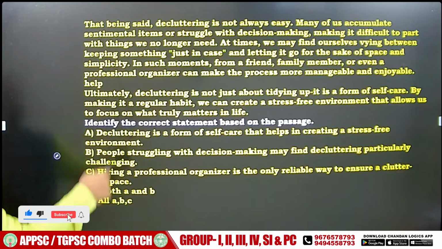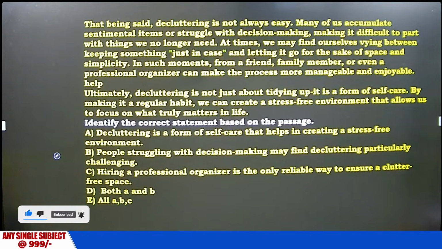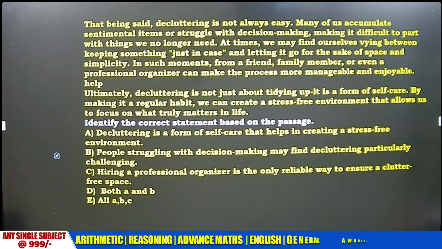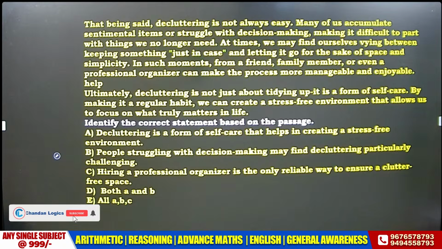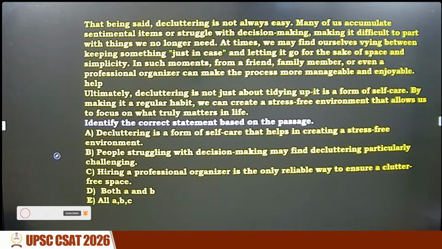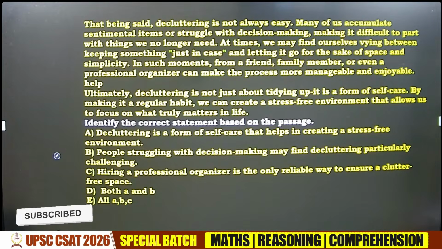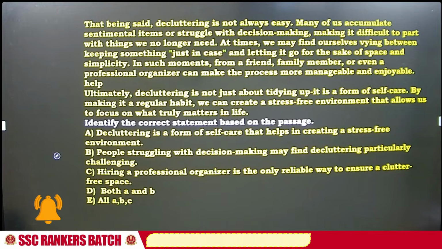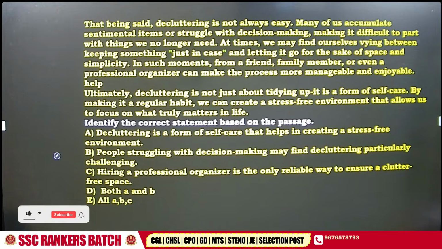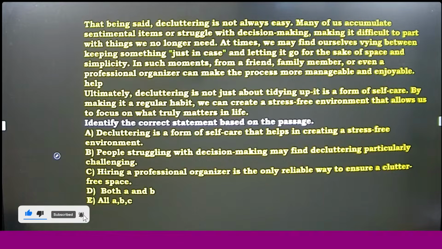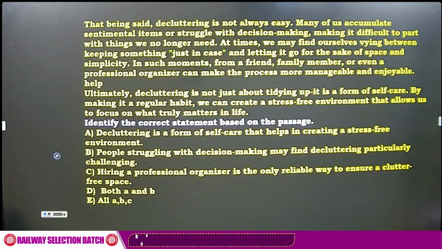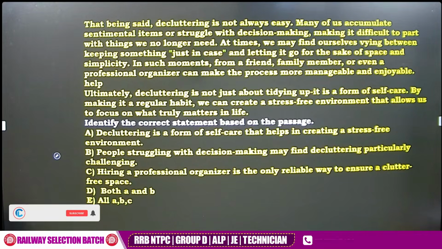Only 60 seconds for this small part. Last 30 seconds.